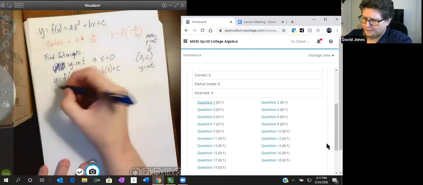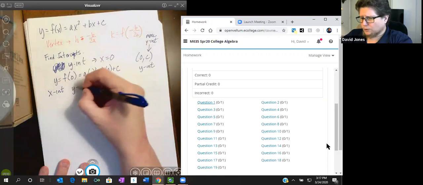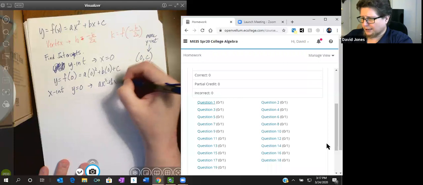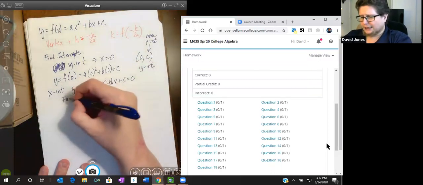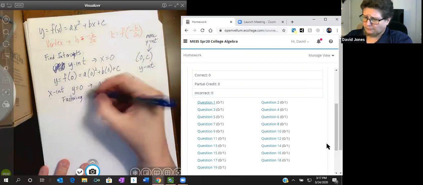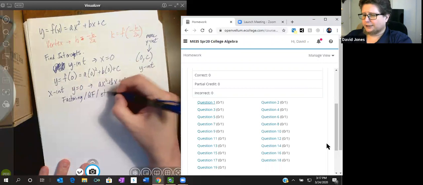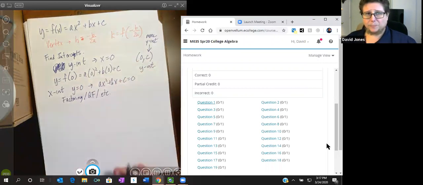And x-intercept is when y equals 0. So you have ax squared plus bx plus c equals 0. And you can either do factoring, quadratic formula, etc. Complete the square to find those 2 points. Okay?